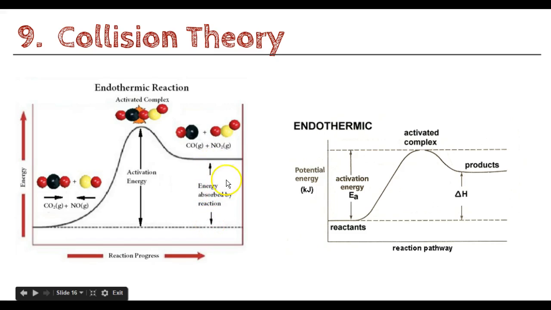So if we had these graphs written with numbers attached, then we'd be able to make those calculations. But you can see that the activation energy required for your typical endothermic reaction is quite a bit greater than what we saw for the exothermic reaction in the last slide. So endothermic reactions typically require some energy input, okay, like heating up, for instance, in order to have the reaction proceed.